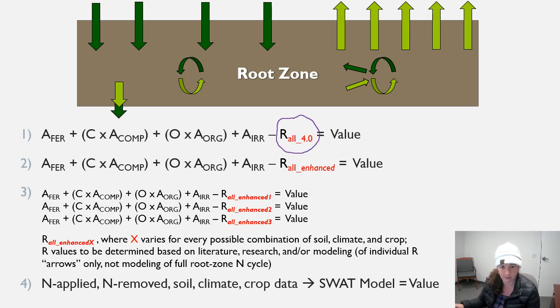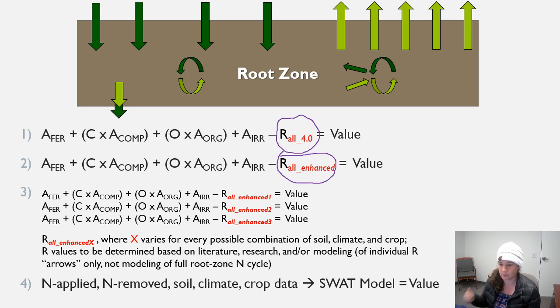In option 2, it would look almost identical. We would really just have this enhanced R where we would have additional approved and justified removal terms.